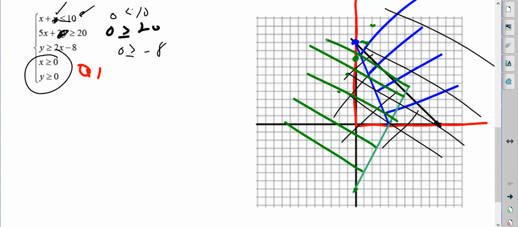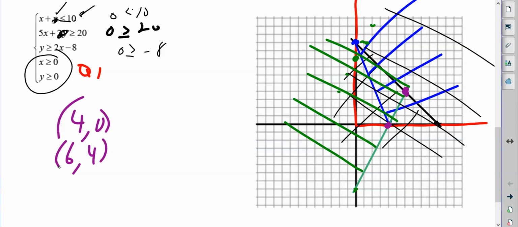So let's find those corner points. Under the black line, right of the blue line, up and left of the green line. We have a corner point here at 4, 0. Then the green line goes up and meets the black line here at 6, 4.